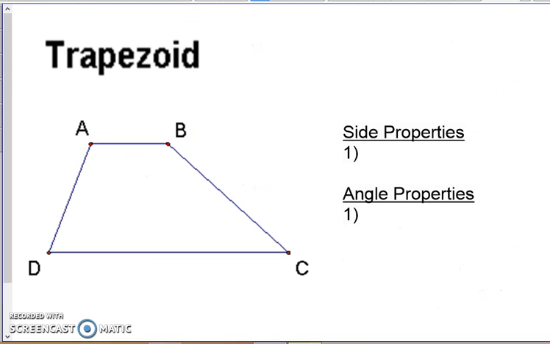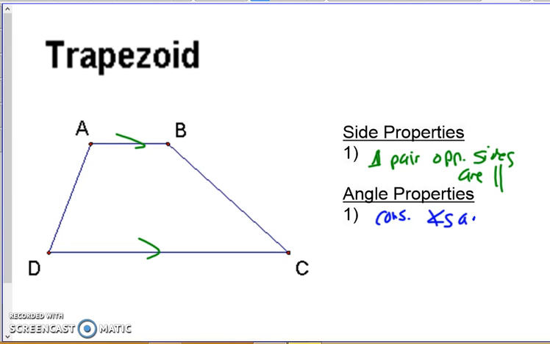Moving on to our trapezoid. By our definition, the only side property we have is one pair of opposite sides are parallel. As a result of this, consecutive angles are supplementary, and we need to be specific here.